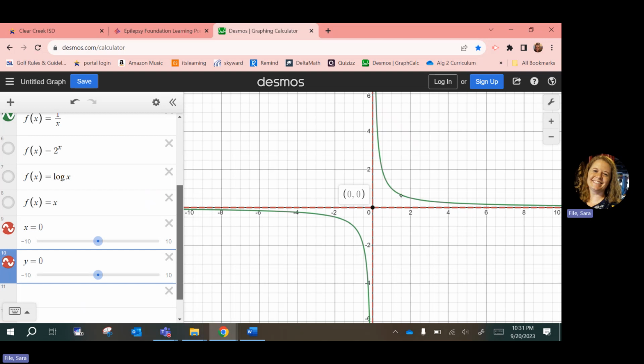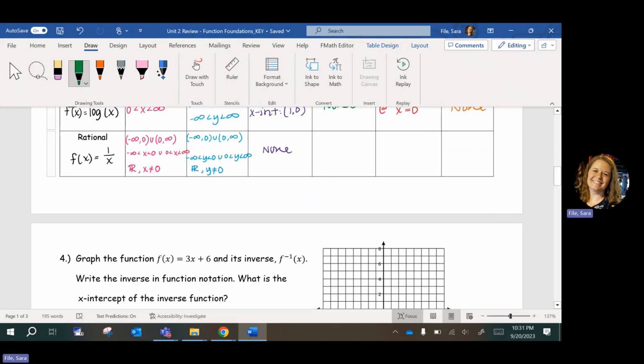Okay, that quadrant 1 curve would end up down here in 3 and vice versa. So it does have symmetry about the origin. Okay, it is not symmetric about the y-axis. Let's see what else. No vertices, and we already talked about it has a vertical and a horizontal asymptote.